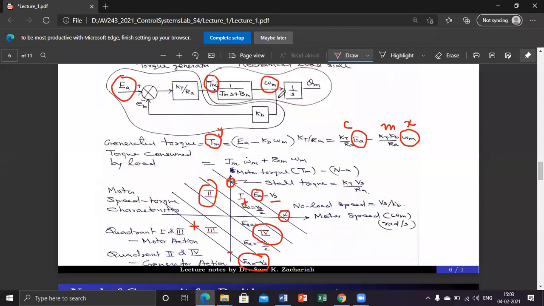But still, the motor will rotate provided no torque is required. For example, Bm is equal to 0. You assume that there is no viscous damping coefficient. Then the rotor is a pure inertial load. You know that in order to maintain a constant speed, inertia doesn't require any torque. Inertia requires torque only for accelerating.